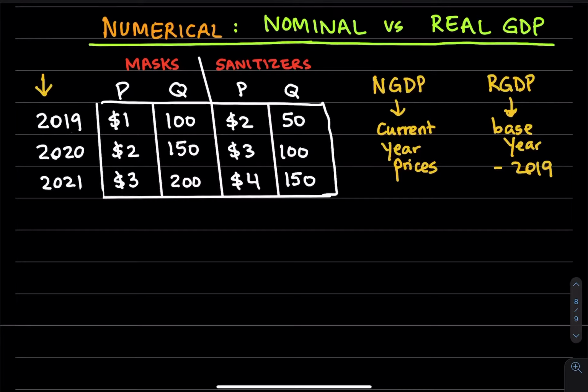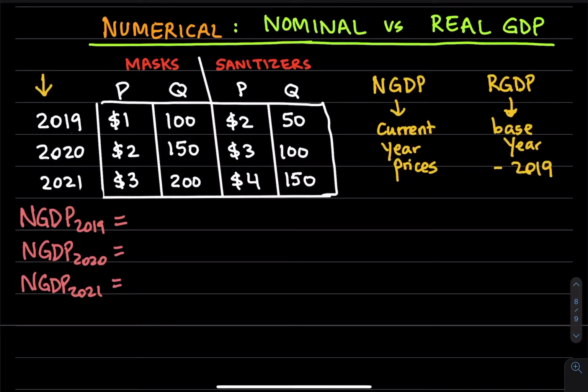The idea here is just that we are holding the prices from that base year constant when we're computing real GDP. Okay, so to compute total spending in this economy, let's write down first, if we were trying to calculate nominal GDP in 2019, nominal GDP in 2020, and nominal GDP in 2021, how would we go about this?